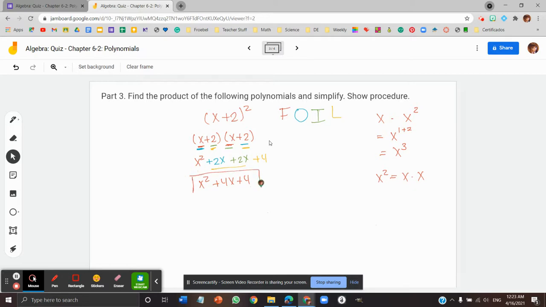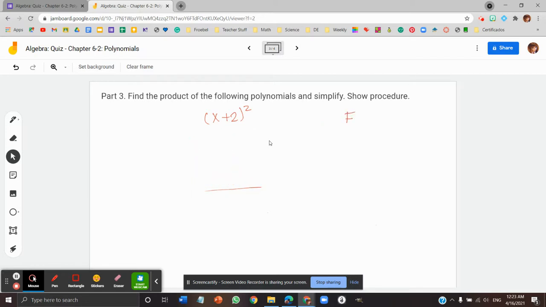And the other one, of course, is using the formulas for special polynomials, right? And those formulas are, I'm going to write them around here somewhere. If you use the formulas for special polynomials, right?